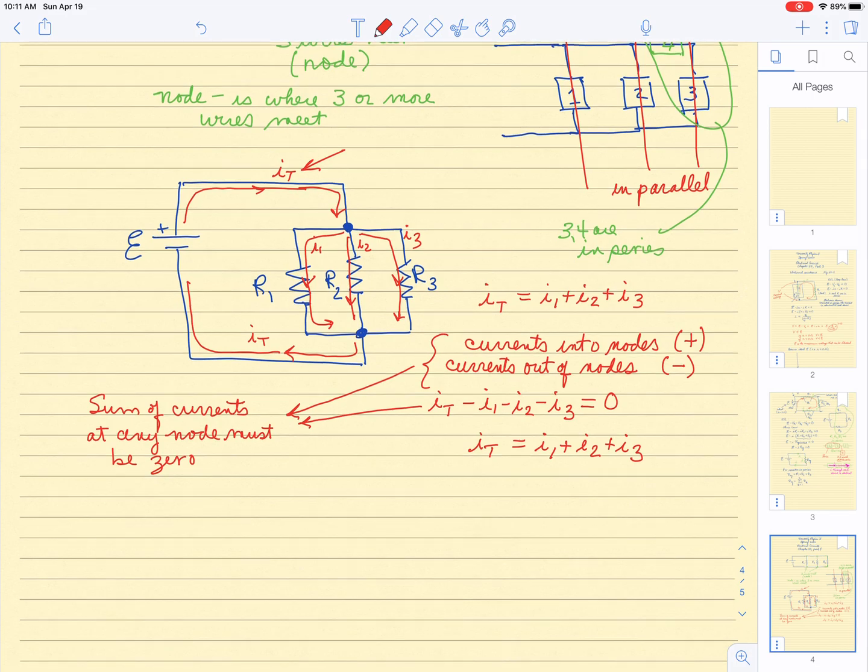And this then is called Kirchhoff's current law.